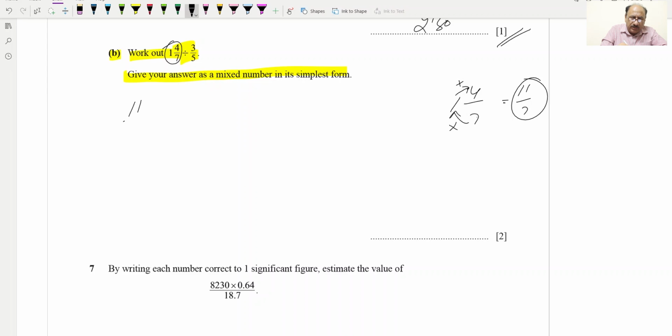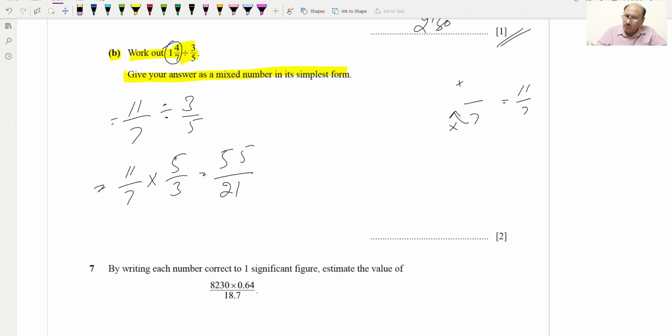And 11 by 7 divided by 3 by 5, we can change this to multiplication, and then we write the reciprocal, 5 by 3. So this will be 55 over 21.